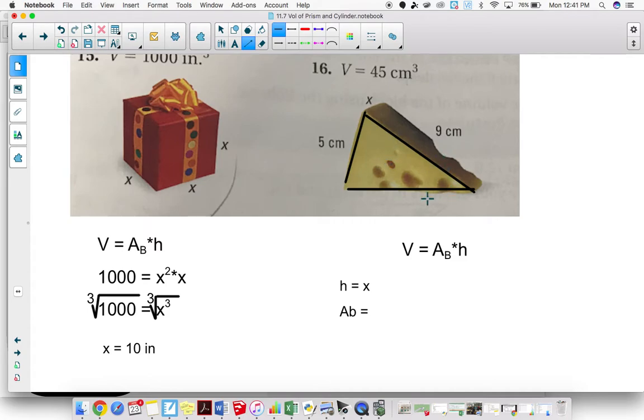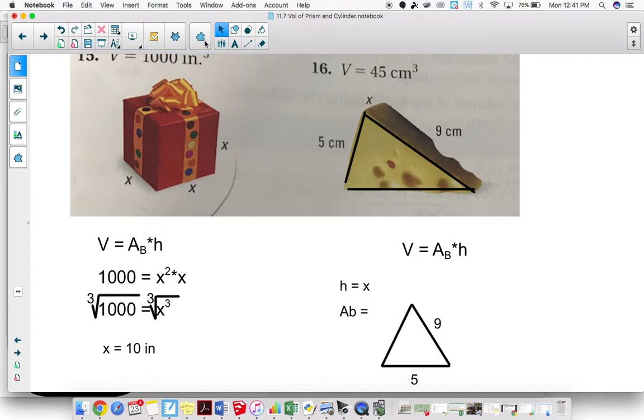They didn't tell us it was isosceles. I'm going to assume that, so I can actually use the numbers there to help us out. They told us that the side edge of the triangle was 9. They told us that this smaller short side here is 5.